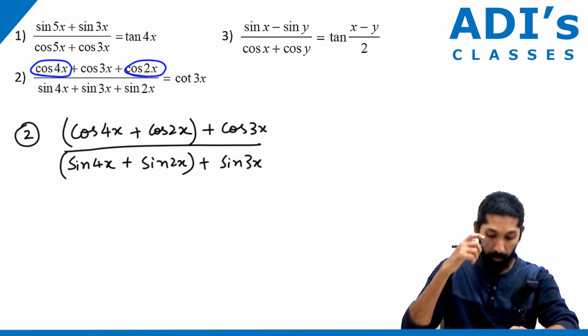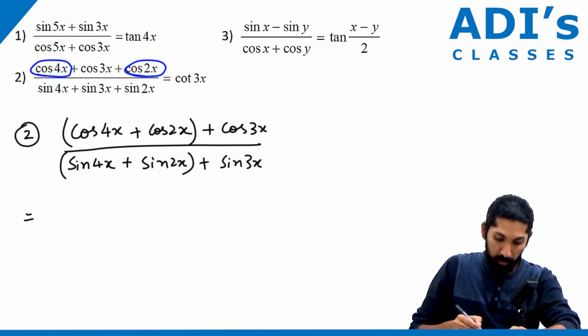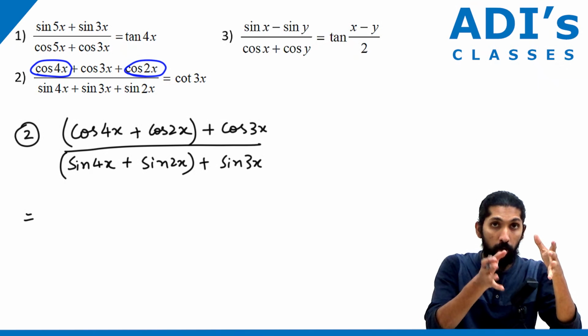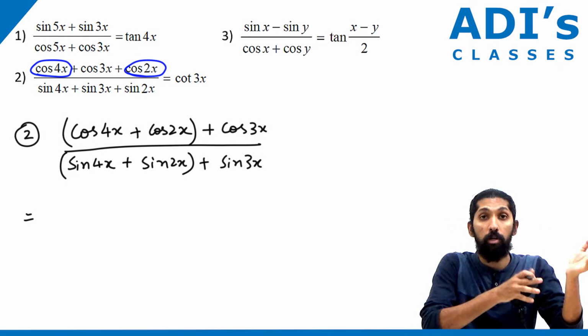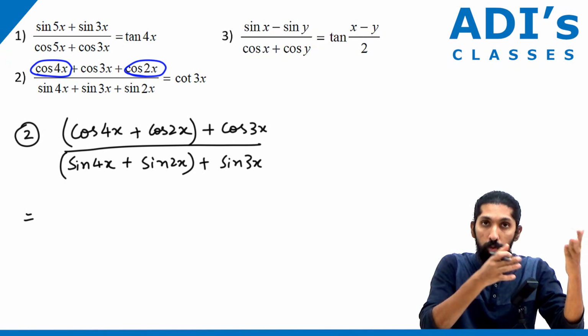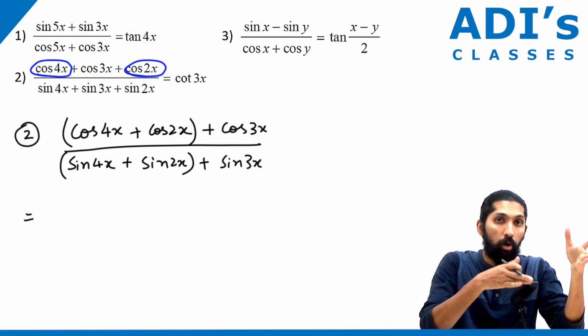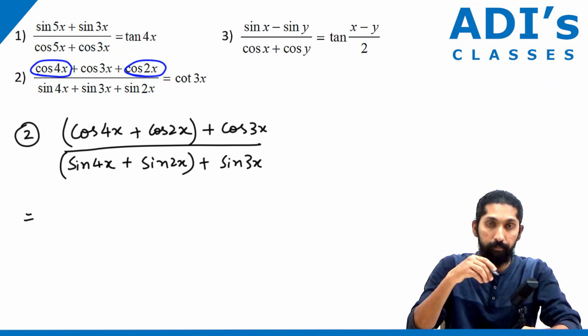Alright. Now here cos 4x plus cos 2x. This is of the form cos c plus cos d. Correct? What is cos c plus cos d? Recall again. 2 cos c plus d by 2 cos c minus d by 2.